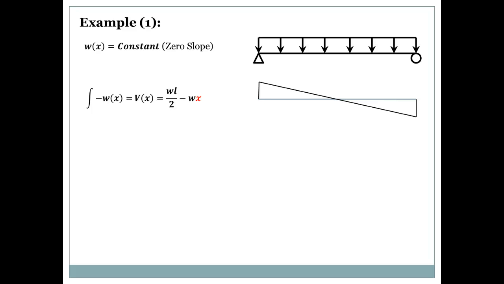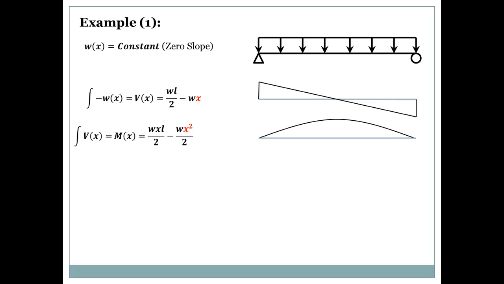Now, how can I get the moment equation? I integrate the shear equation, and I get the moment equation. And if I do this, I will get x squared in this equation, and it will look like this. Now, if I stop here and ask you in an exam, would you do the integration?